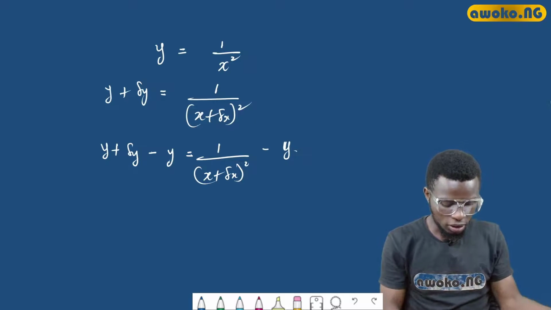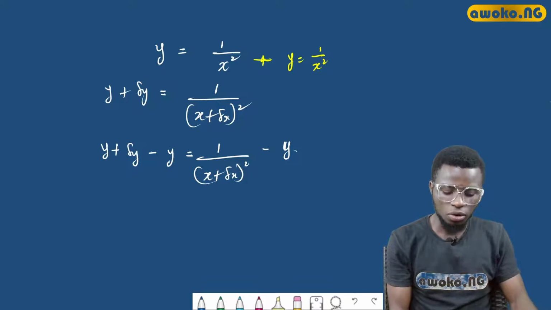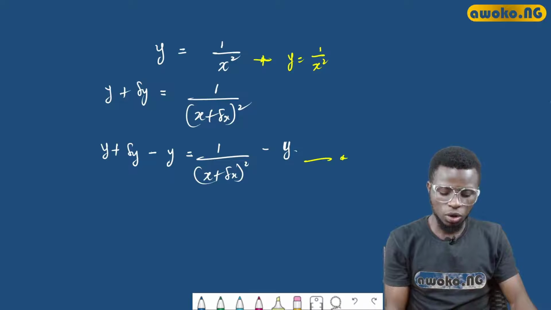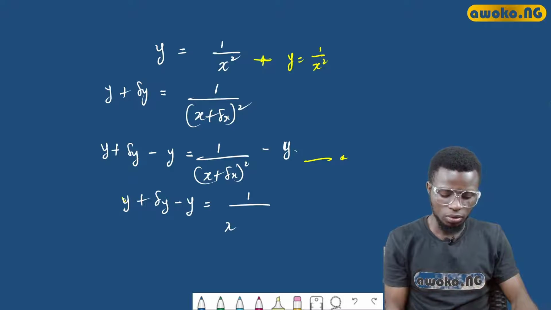Remember, from this point here, we have that y equals 1 over x squared. So if you substitute the value of y into the equation over here, we have that y plus dy minus y is equal to 1 over (x plus dx) all squared minus 1 over x squared.